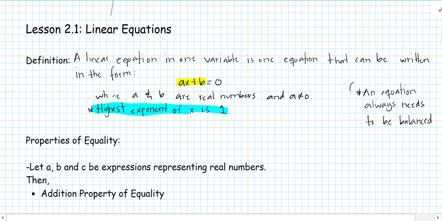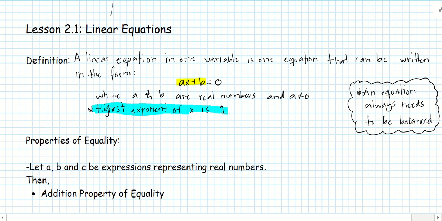Okay, so the reason why I'm saying this is just for you to understand where the next properties are going to come from. We have that equal sign, which means that both sides must be equivalent. So whatever you're taking off from one side, you have to take it off from the other side.